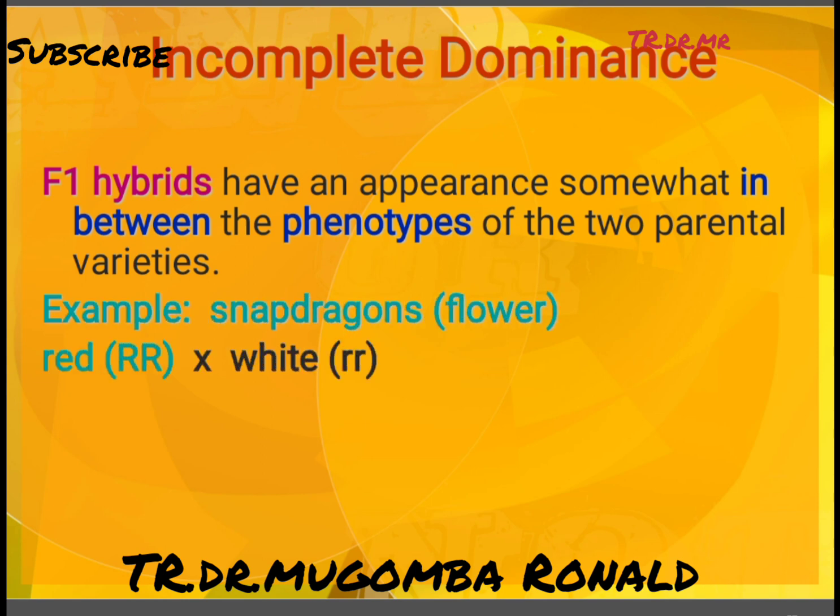When you look at the snapdragon flower, when they crossed the red flowers with the white flowers, homozygous red and homozygous white, unfortunately, we might use capital letter and small letter, but in some textbooks you'll find that they use capital R for red flowers and capital W for white flowers, and that is the one which is most widely accepted, as opposed to capital R, small r.